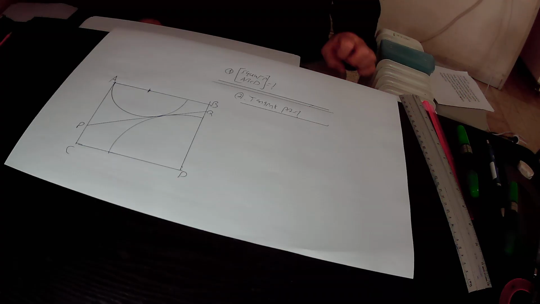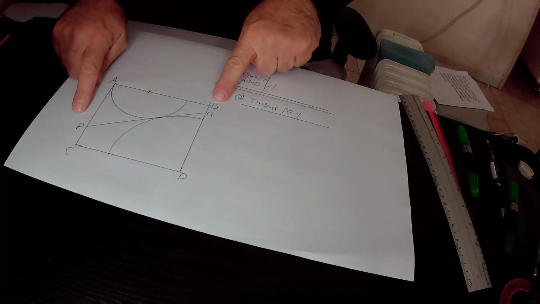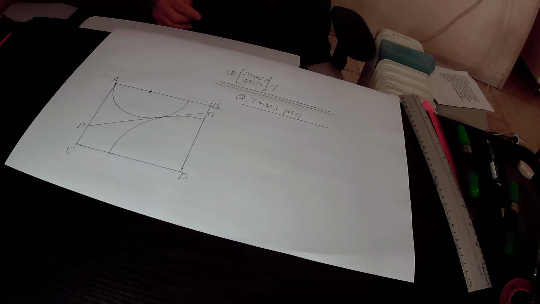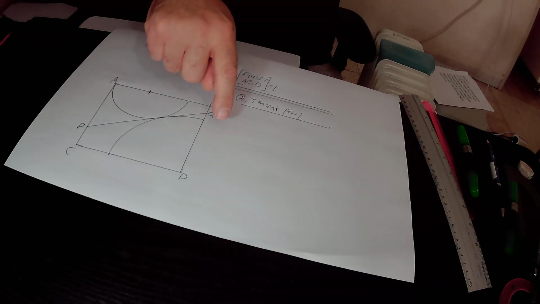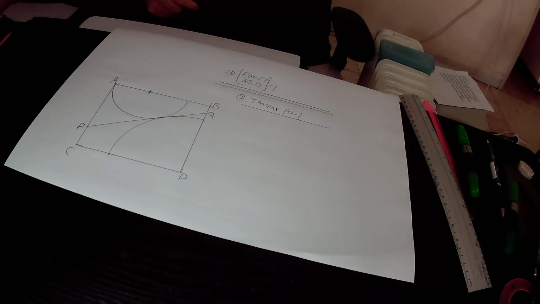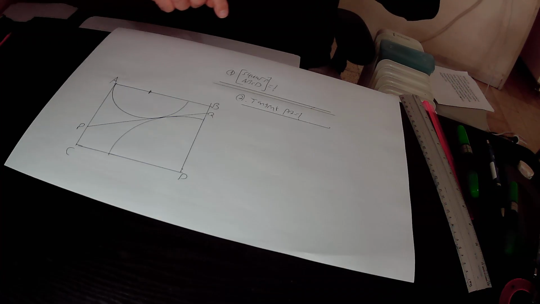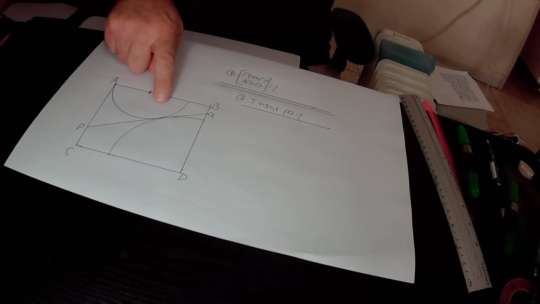In the second question, we have two tasks. The first task is to find the area of this square ABCD, and the second task is to find the length of this tangent QP. So in the drawing, we have a quarter circle and a semicircle that are located inside this big square ABCD. The quarter circle and the semicircle touch each other externally at this point.